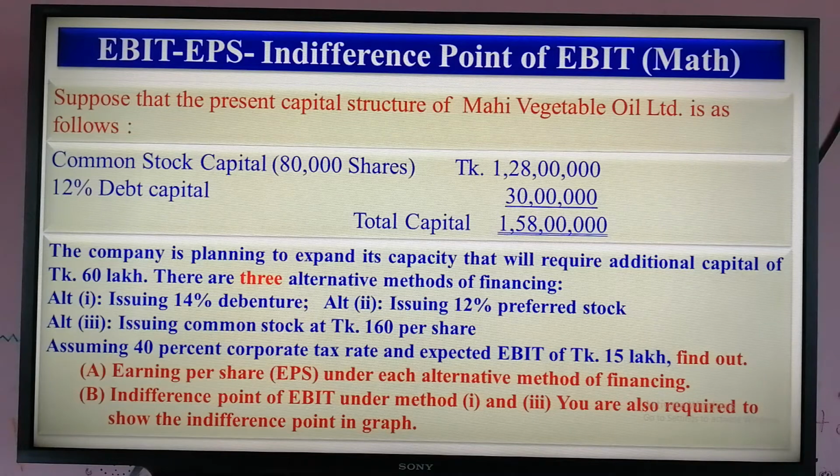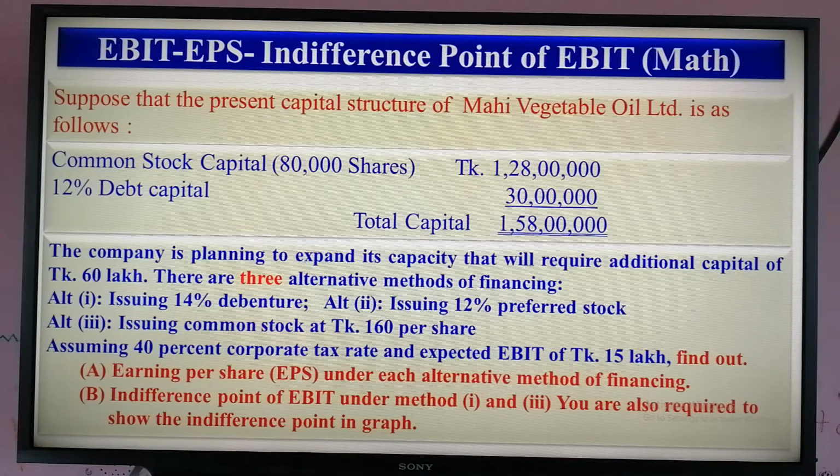Find out the earning per share under each alternative method of financing. There are 3 methods of financing and you have to calculate EPS, that is earning per share, of each alternative. Which EPS is the best? You can know only when you solve it.